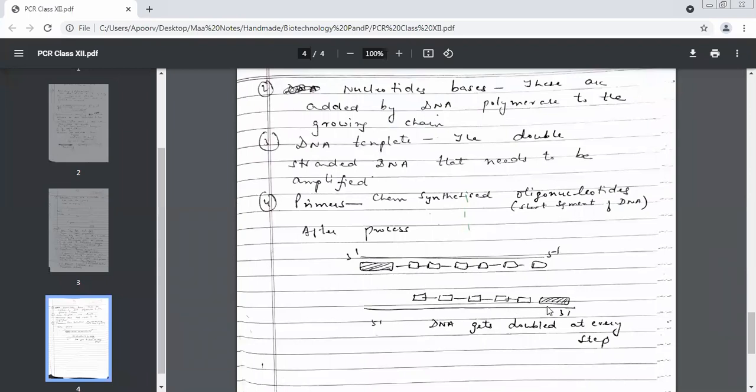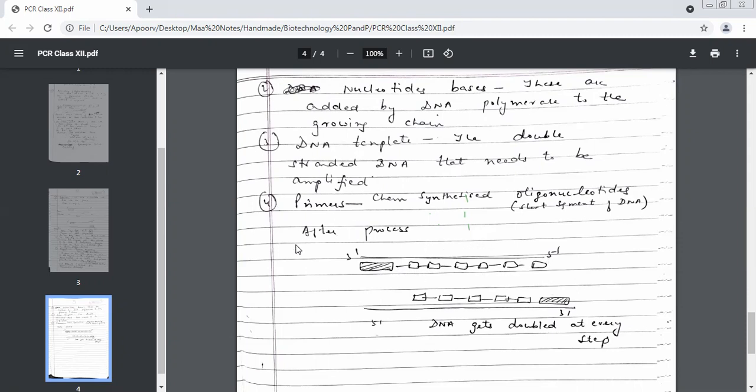This shaded part is the primer. Now more nucleotides will keep adding to this, and you'll get a complete long strand. So now these upper two things have become one double-stranded DNA, in which one strand will be your old strand and the second strand will be a new strand.